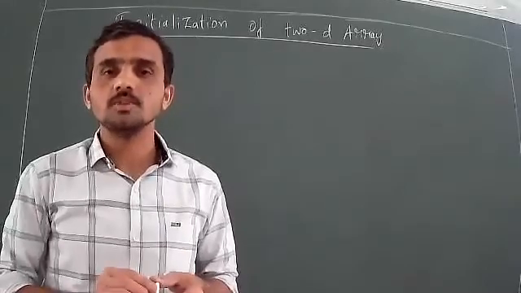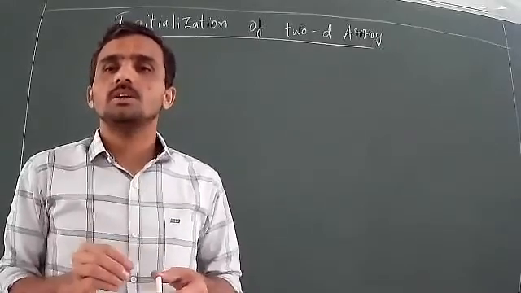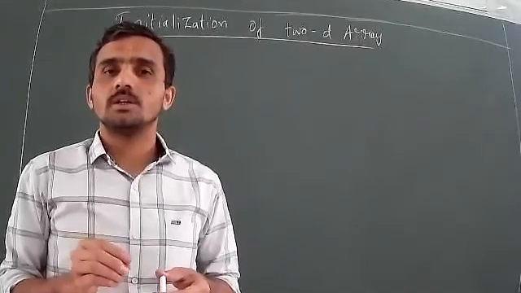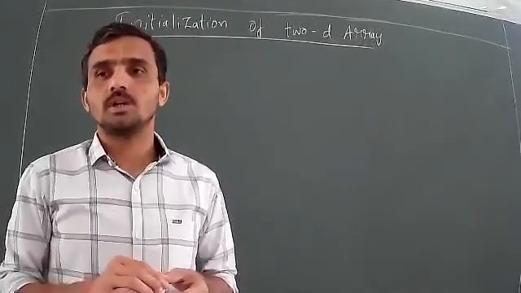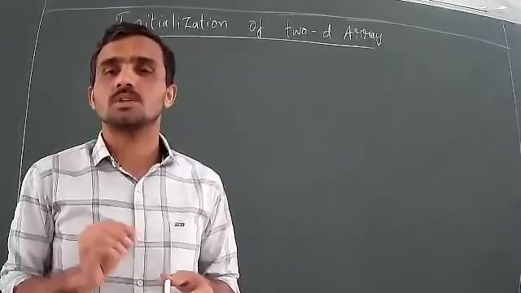Okay. So in a one-dimensional array, we store the values of an array which requires one subscript value, that is one index value. But in case of a two-dimensional array, it requires two subscript values.